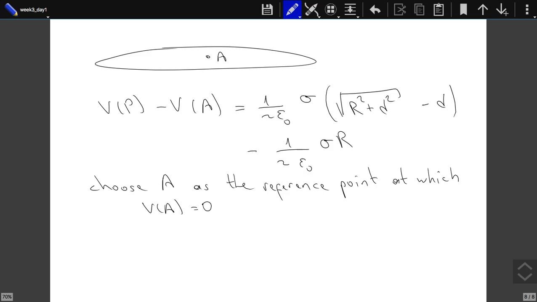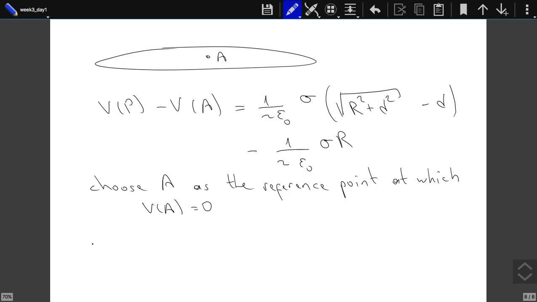Now, the choice V at A equal to 0 is our choice. You could have just said that the potential at the point A is 5 volts. It's your choice. But just for simplicity, we set it to 0.